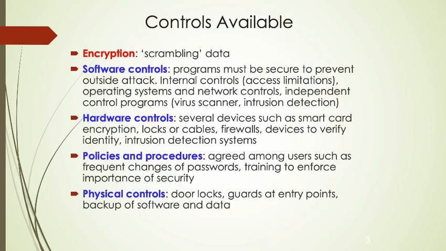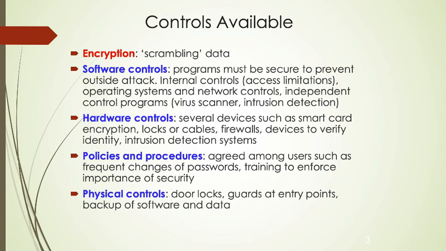To counter these threats, there are numerous controls or mitigations available. The one we're going to talk about is encryption specifically, or scrambling of the data. But there are also software controls, access limitations, virus scanners, intrusion detections, hardware controls like firewalls. They actually exist as software solutions as well.